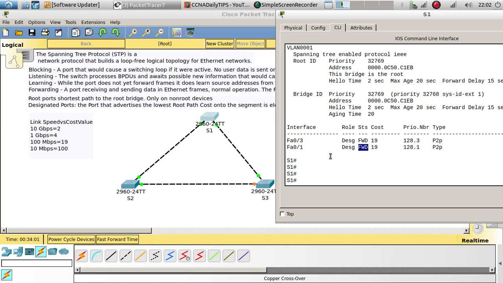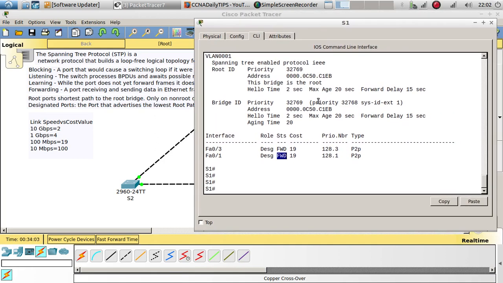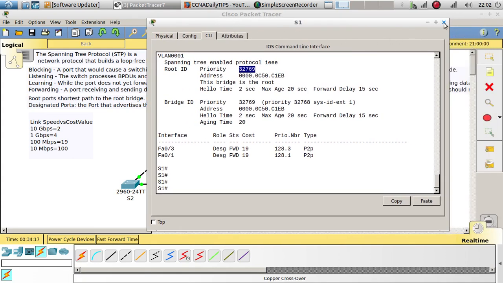Okay, and one way that you can manipulate which one becomes the root bridge is by configuring the priority. Okay, so if you have a lower priority than this, then the switch becomes the root bridge.